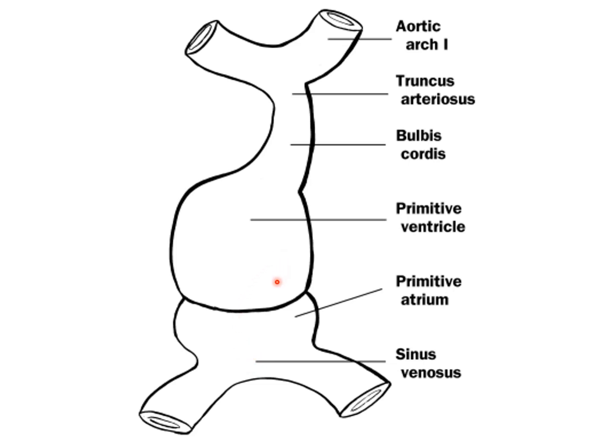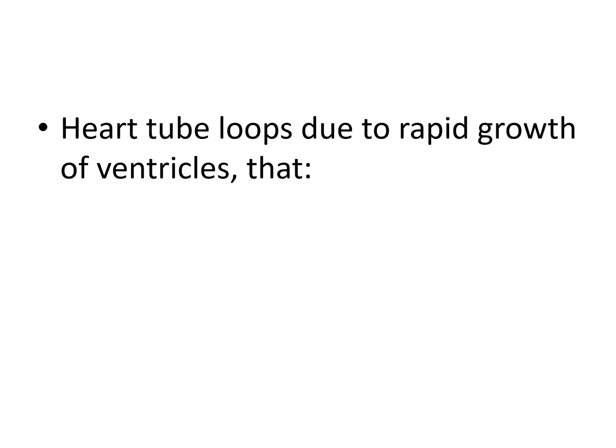This is the primitive atria, primitive ventricle, the bulbus cordis and the arterial end or truncus arteriosus. So primitively, when the heart starts to beat, it will receive blood here, pass through this part and go to the organs again, and with more development, these parts will give atria, ventricle, and things like this.